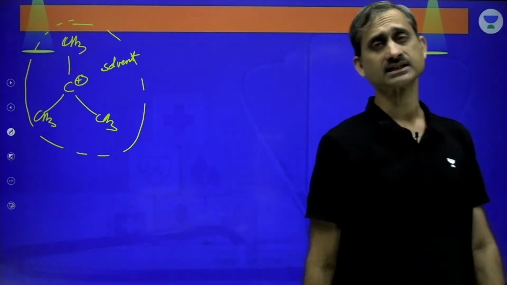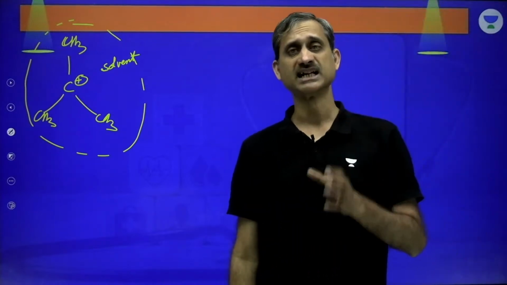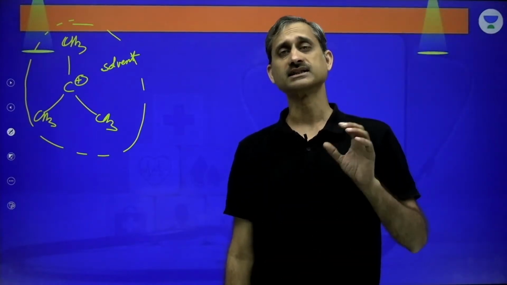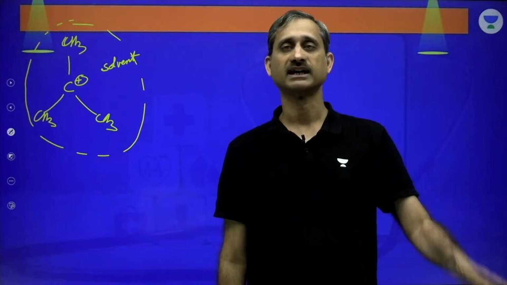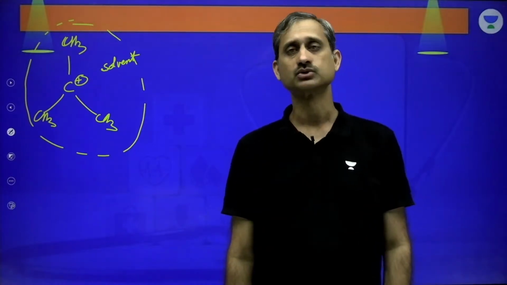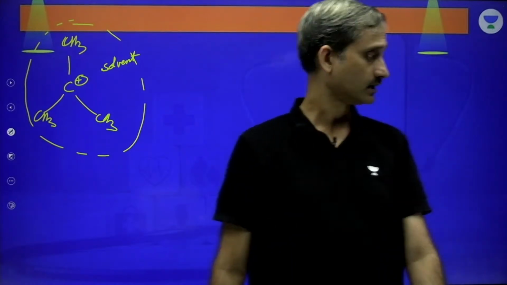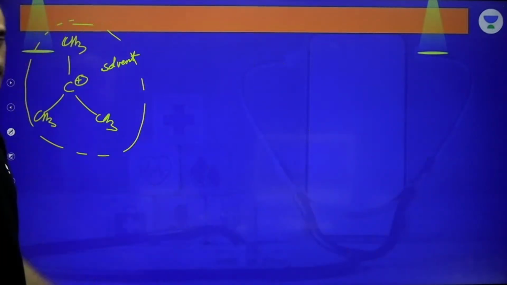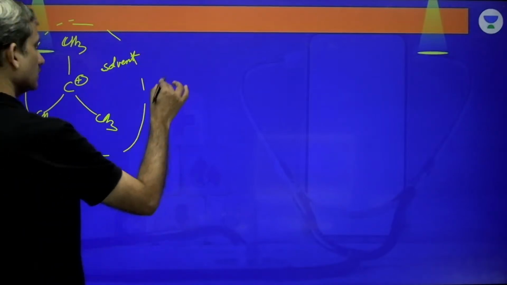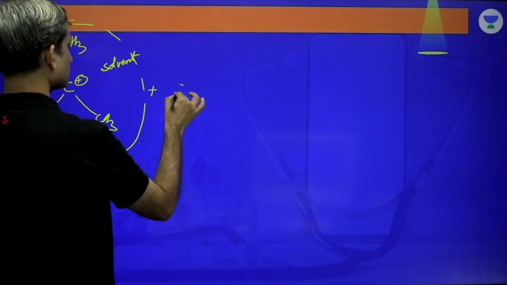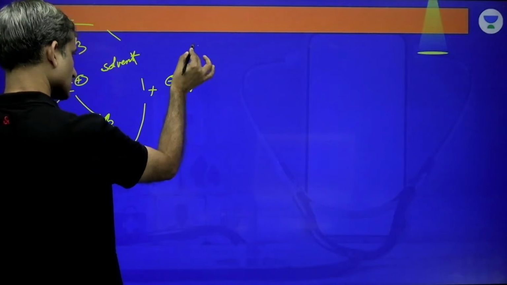The ions either exist in the solid phase, stabilized by the lattice energy, or they exist in a solution stabilized by the solvation energy. Ions do not exist independently in the gaseous phase. Okay. Now this is what we have as the solvated ion. Now this solvated ion interacts with CN minus. Now this again is solvated.